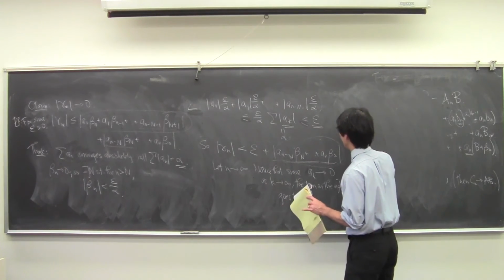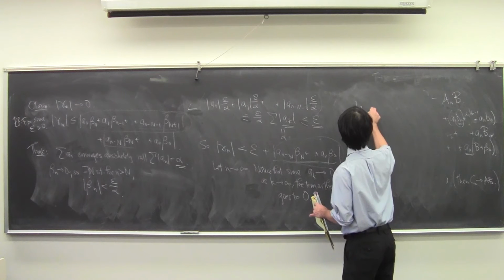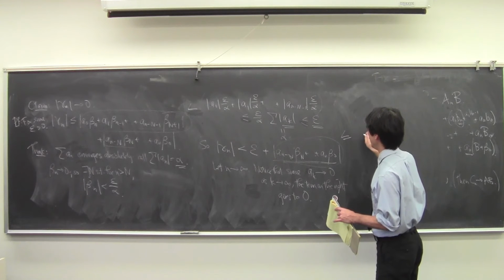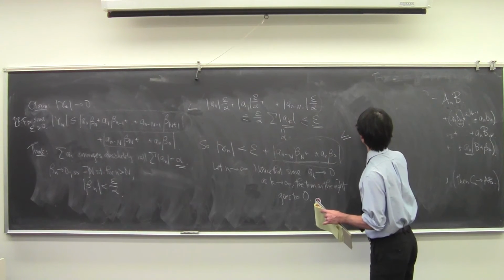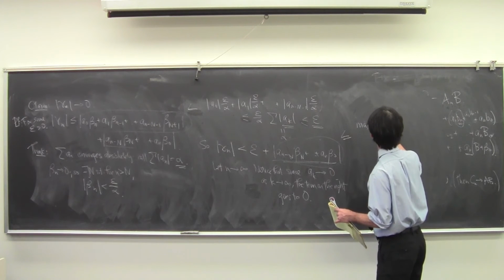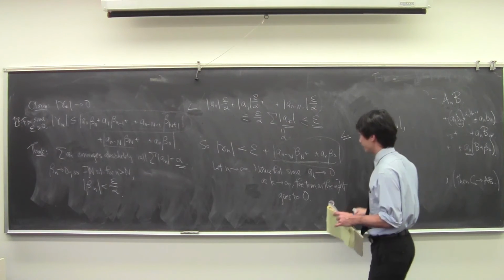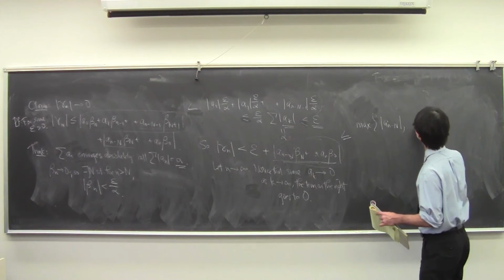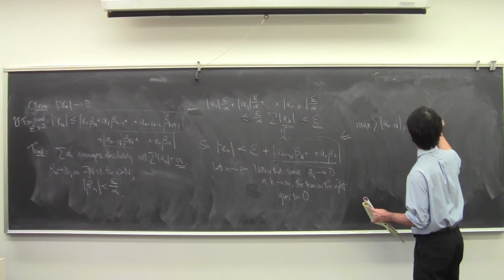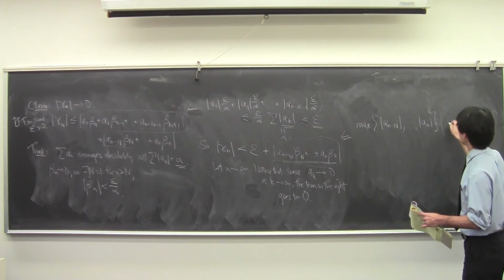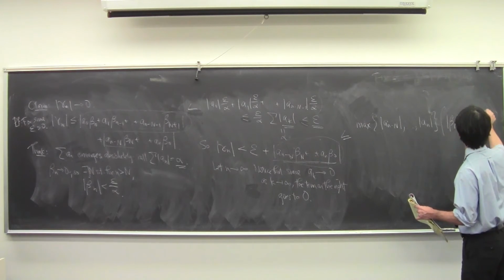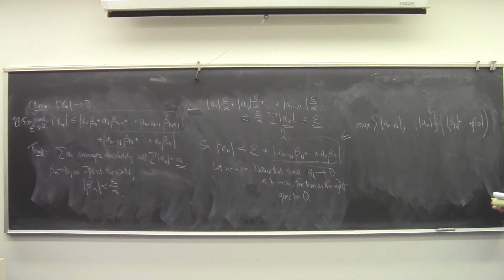So this thing here is smaller than, say, the greatest of these guys times this sum, beta_n plus down to beta_0.